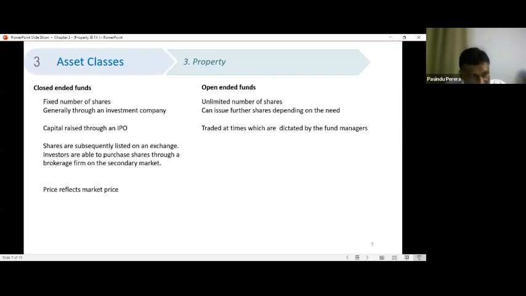Through the initial public offering it is issued to the public, so the public will invest. That fund will then invest in certain asset classes, most frequently shares. Those units or shares are listed on the exchange, so you can buy and sell through the exchange. Likewise, there is a market price for that particular fund.